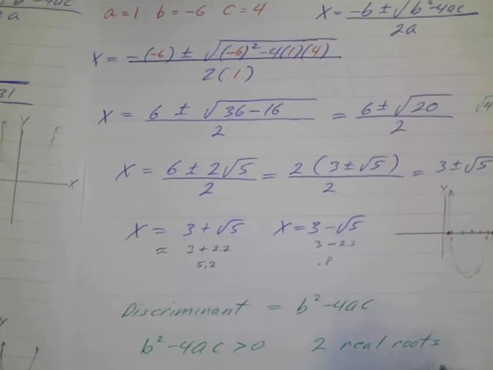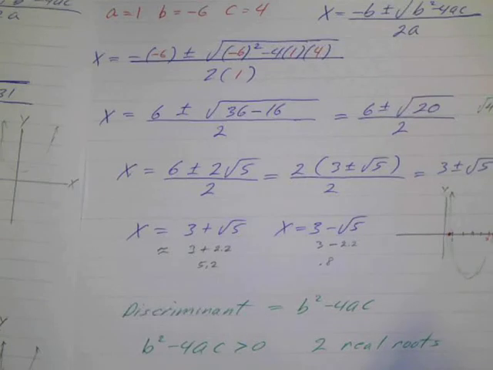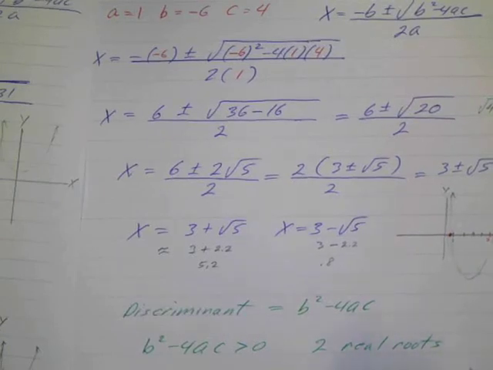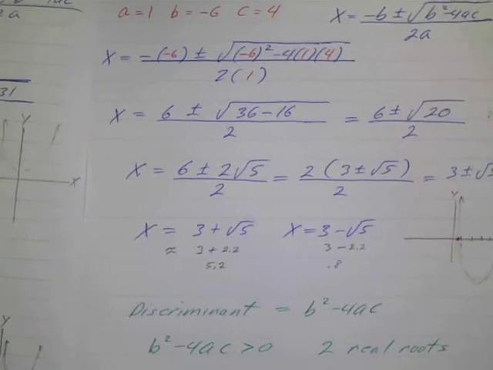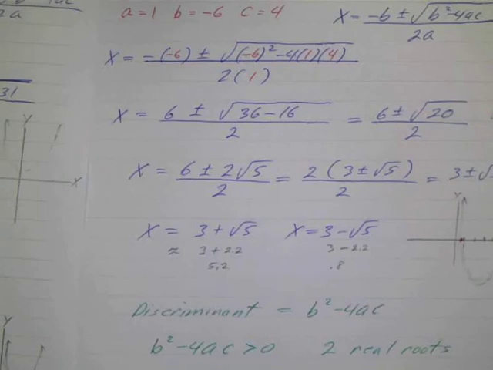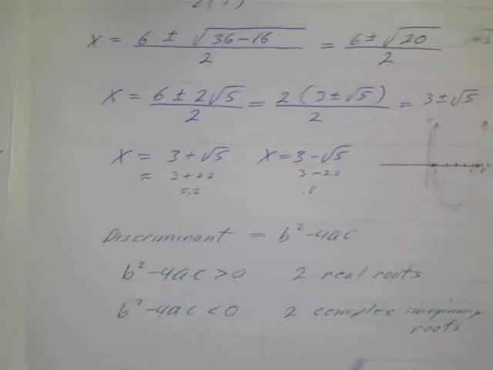And sometimes we say complex imaginary because we did have an imaginary part, an i in there. Imaginary roots. Because in reality, all numbers are complex numbers. The imaginary part is 0. So we have 2 complex roots. That I would hope would suffice.